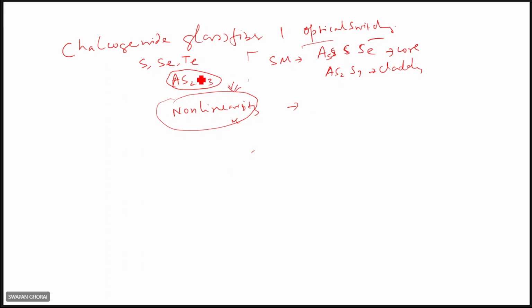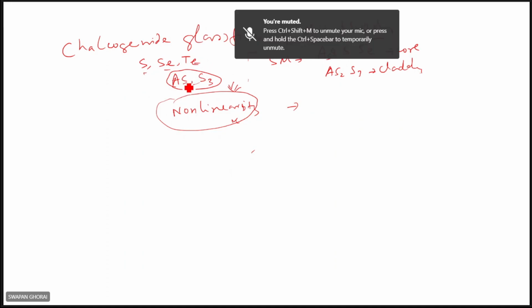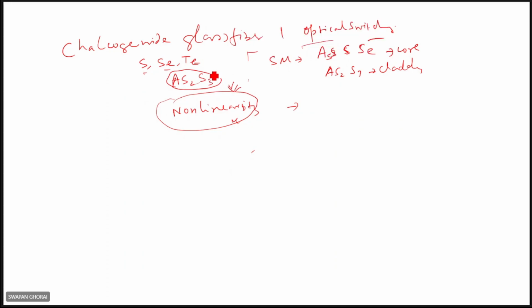In that case, chalcogen elements are used, like sulfur, selenium, tellurium. These are the chalcogen elements. The widely used material for chalcogenide glass fiber is As2S3, which is a chalcogenide material.